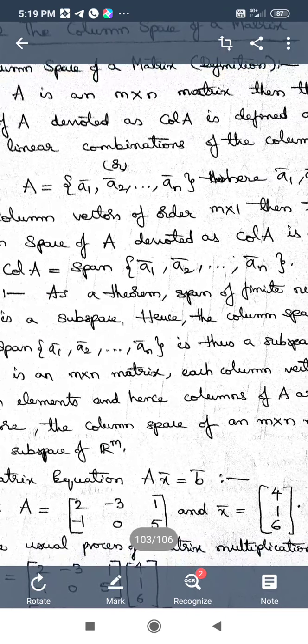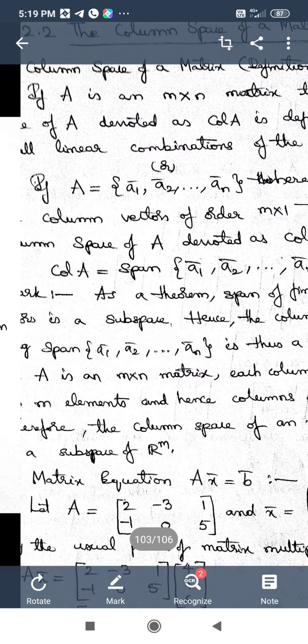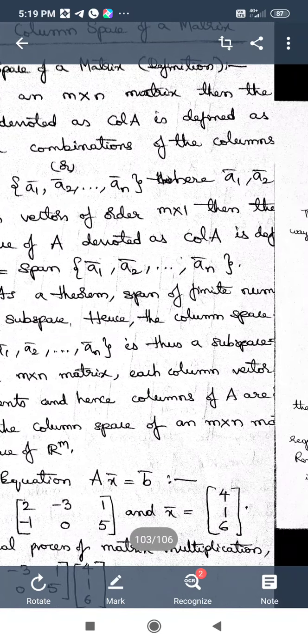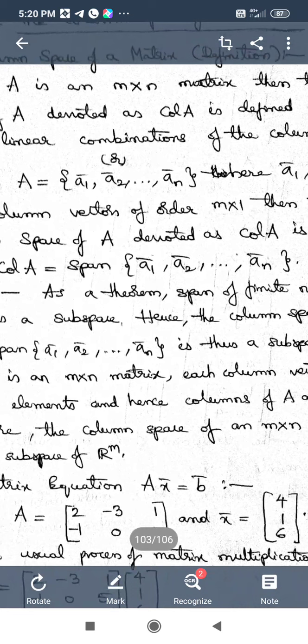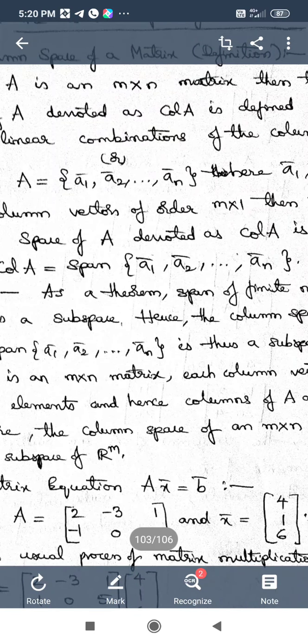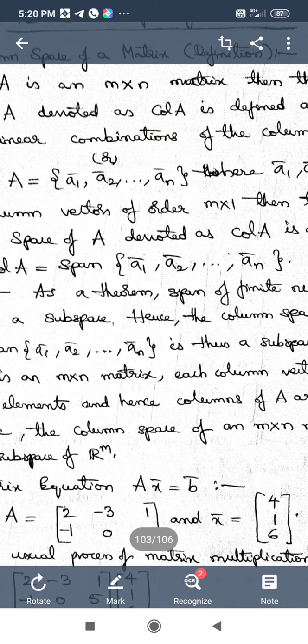Here capital A is the set consisting of a1 bar, a2 bar, so on, an bar. Here I have taken the vectors, so each is a vector that we can understand.